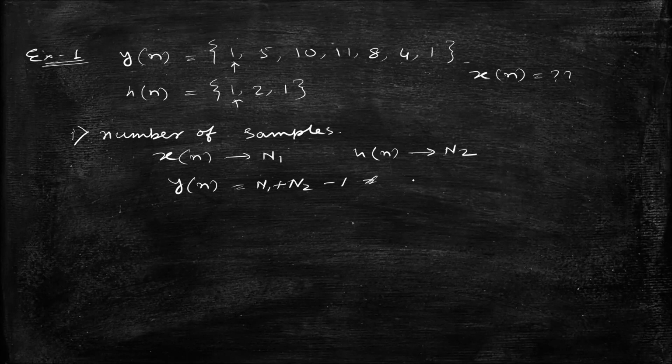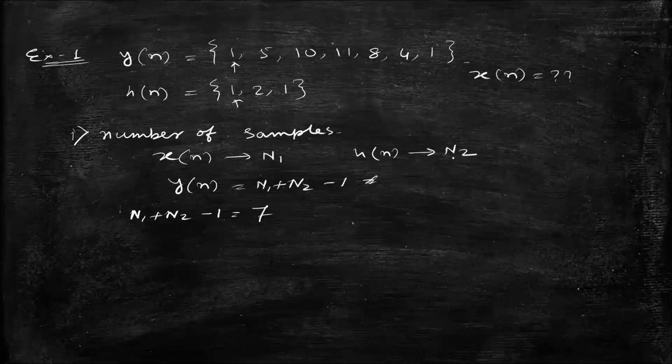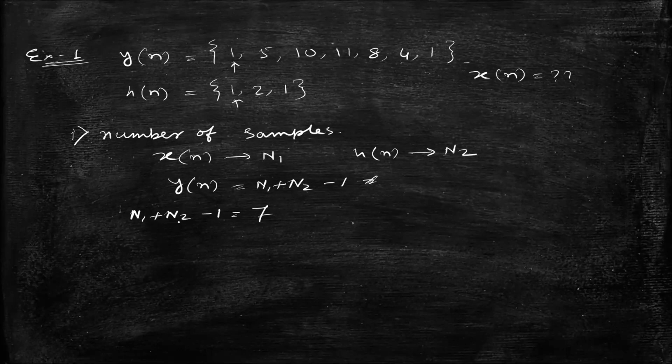Similarly, the same thing happens here. Here the length of y of n is 1, 2, 3, 4, 5, 6, 7, that is 7, and h of n has number of samples 1, 2, 3, that is n2 equal to 3.